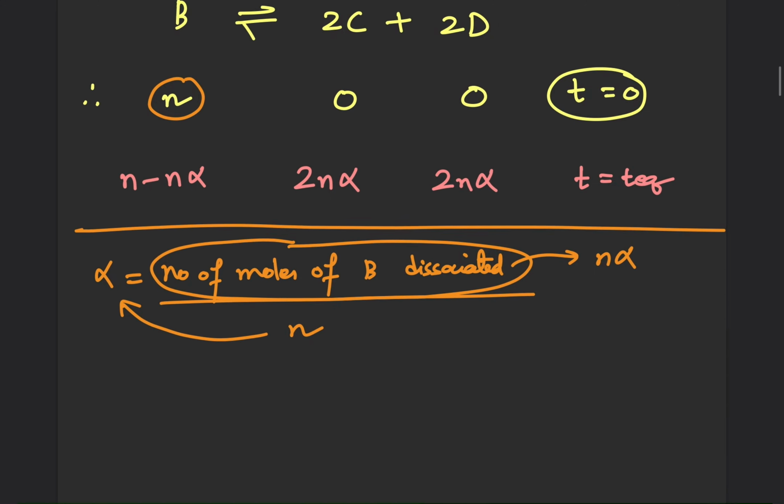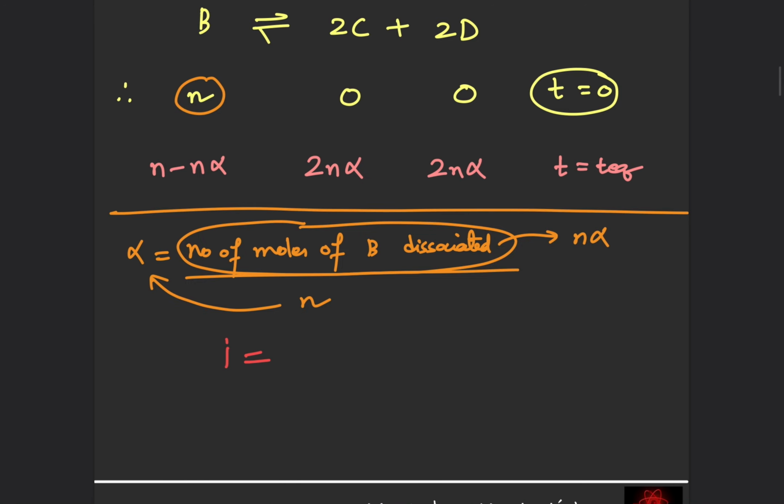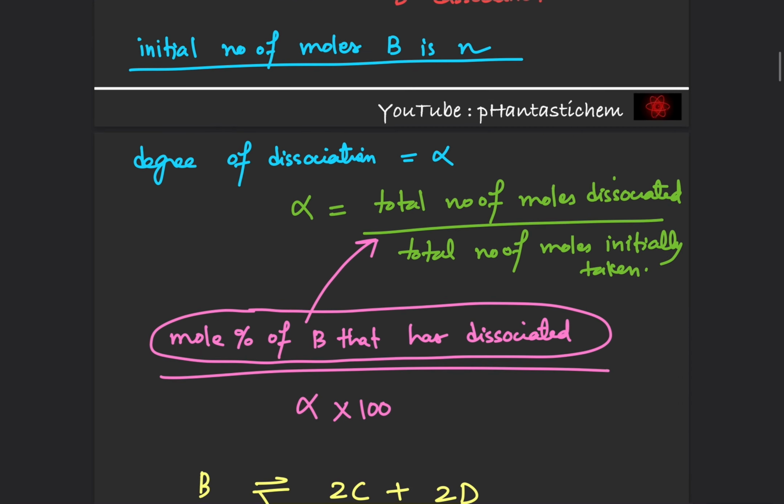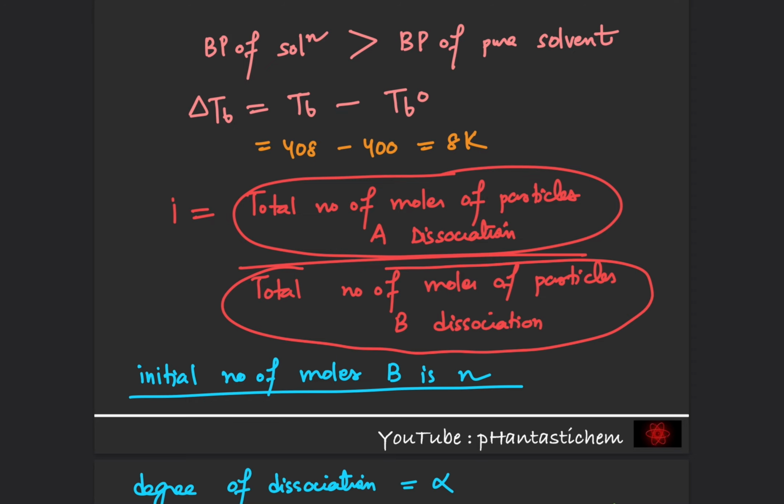Okay, so I can write i as the number of moles of particles after dissociation divided by the total number of moles of particles before dissociation.